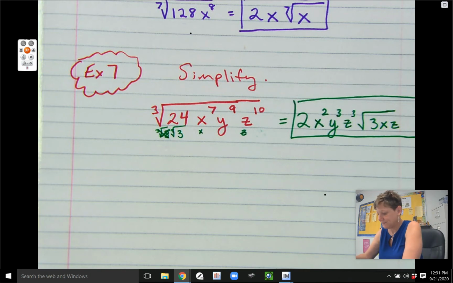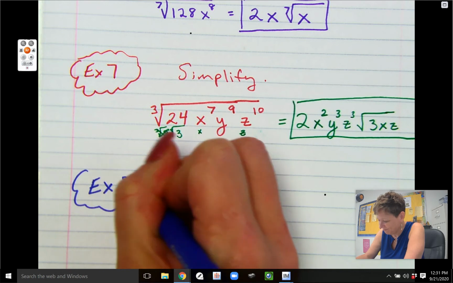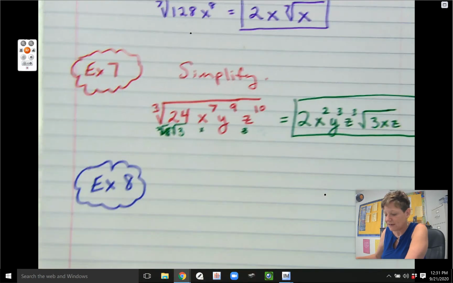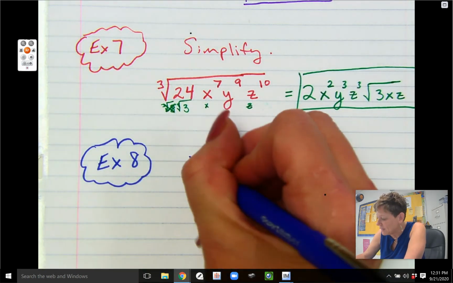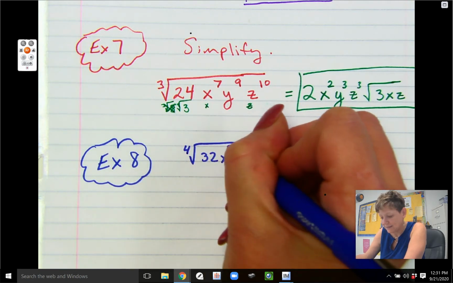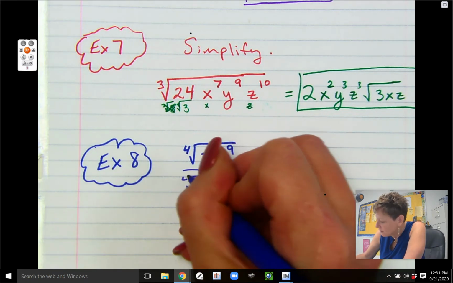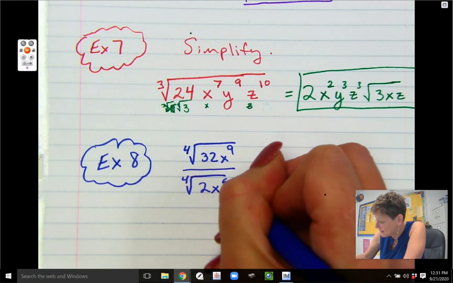Example 8. All right, we are going to have the fourth root of 32x to the ninth over the fourth root of 2x to the fifth.